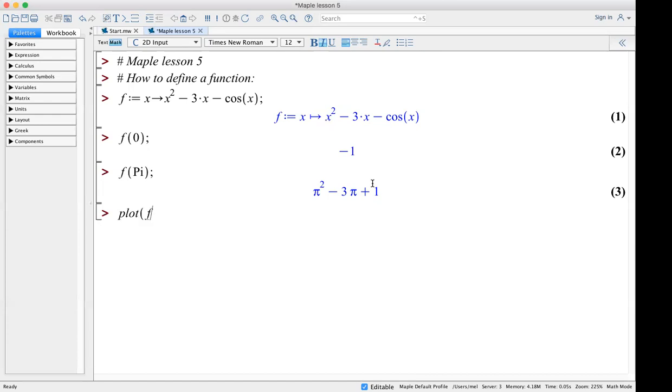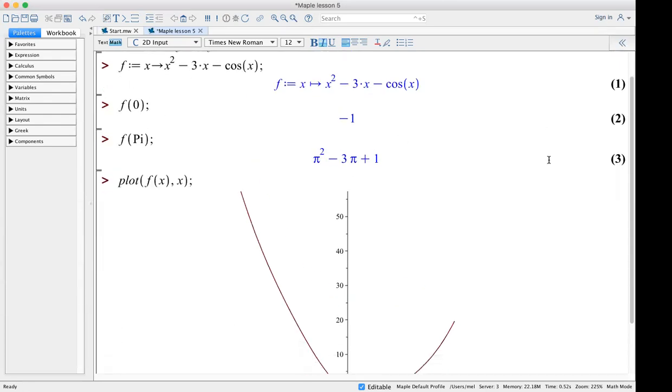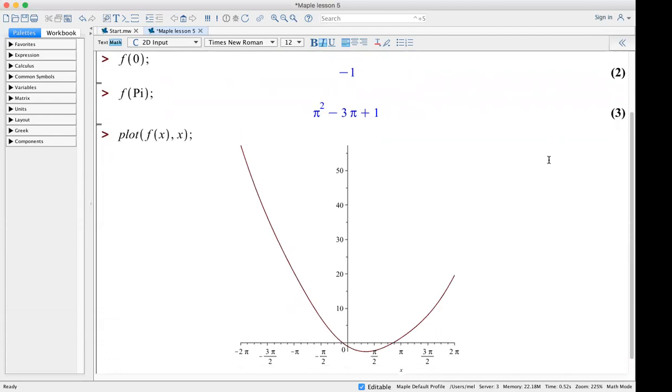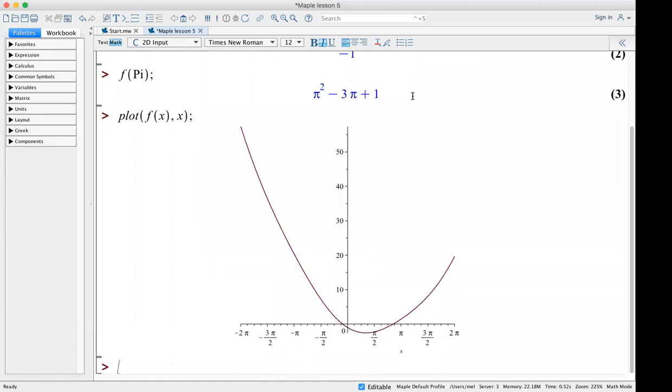If we want to plot f of x, that's what the graph looks like. When you plot in Maple a function that involves a trig function, the default will usually be to plot it from minus 2 pi to plus 2 pi.